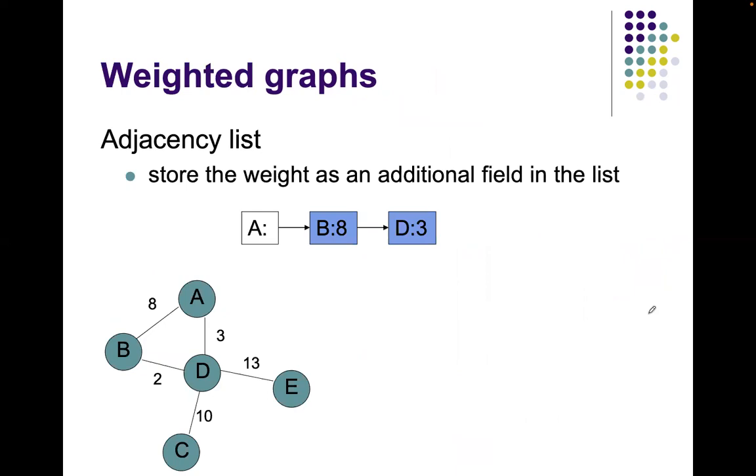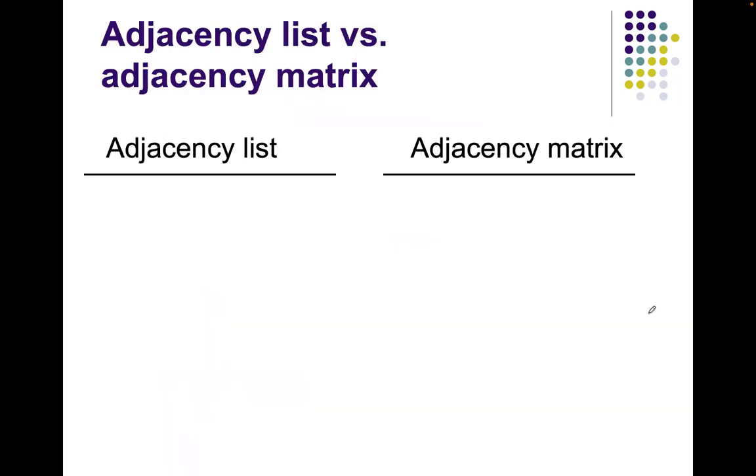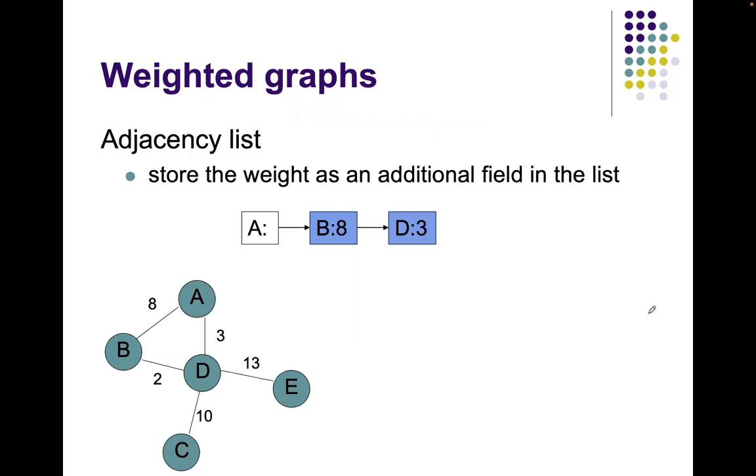So if we have a weighted graph, both directed or undirected, we can actually represent them also using adjacency list. How can we do that? When we are going to represent a list of a particular node, we are also going to associate the node with the weight of the edge. For example, the list of the node A is going to look like this.